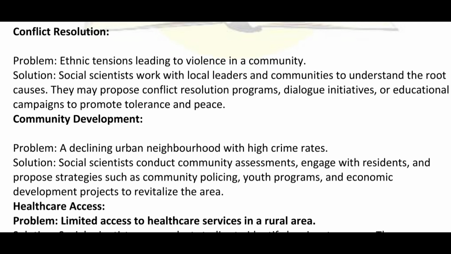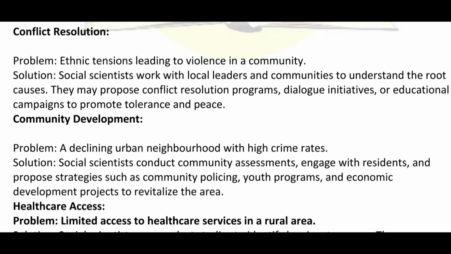They can ask for different types of programs which will resolve the conflict, then dialogue initiatives or educational campaigns, so that tolerance increases among different communities, among different societies, among different ethnic groups, and peace and tranquility prevails, right?